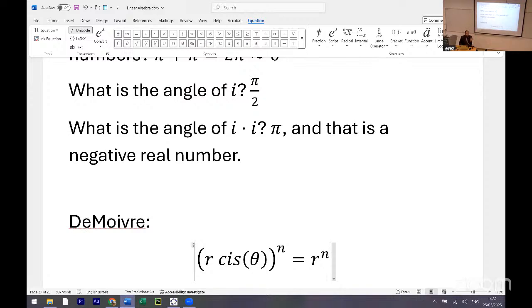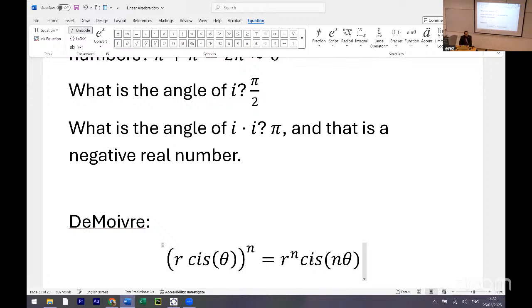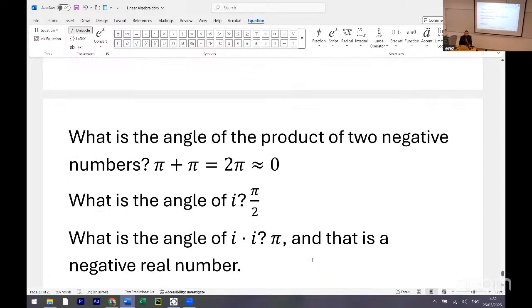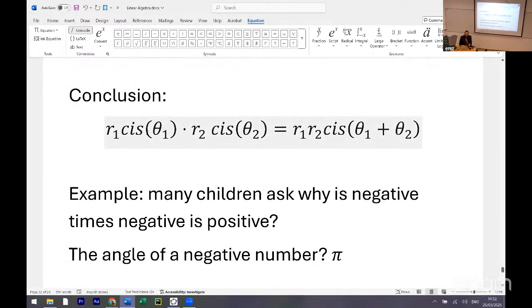Theta plus theta plus theta, so what will be the new angle? n times theta. So that is the Moivre law, but it's an easy conclusion from the fact that the product of two complex numbers is just the product of the distances and the addition of the angles.